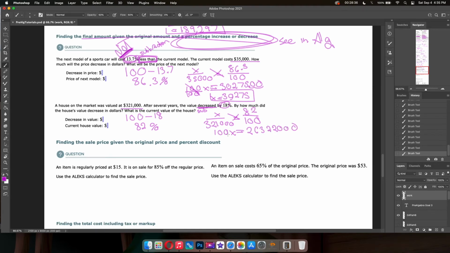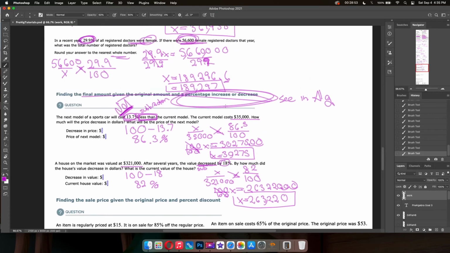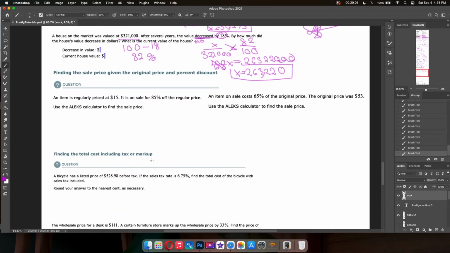Whew, that took me a minute to memorize it. Divide by 100, which over here means I move the decimal point over 1, 2 positions. So x equals 263,220. So keep in mind, that's two topics now that give you some pretty ugly answers. But so long as you know that coming in, it won't freak you out.